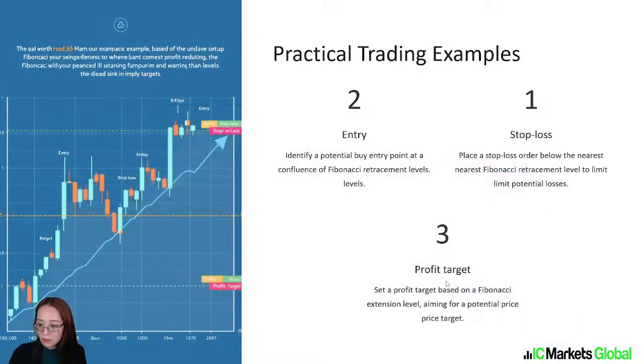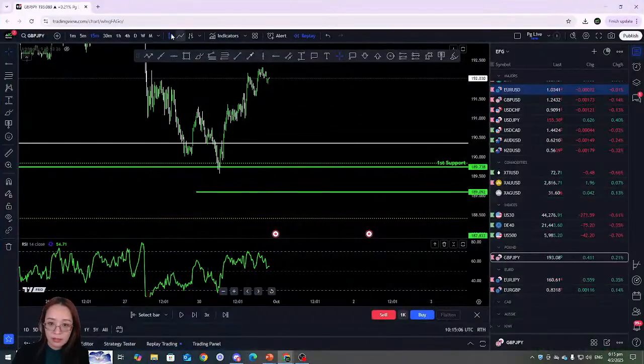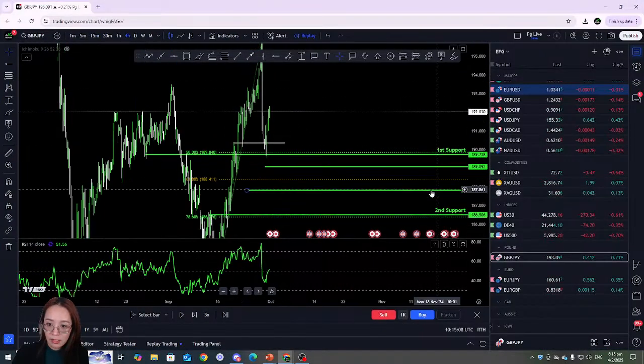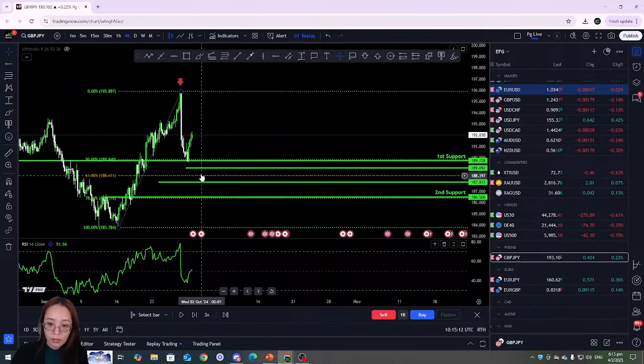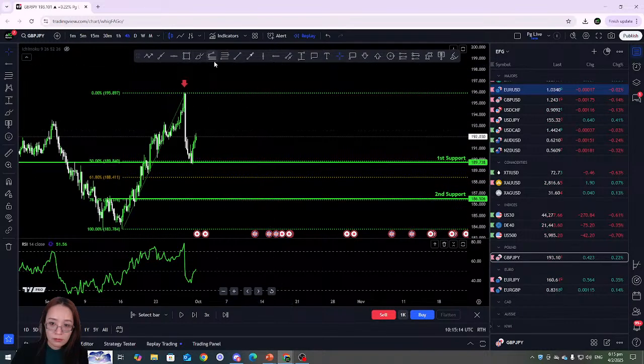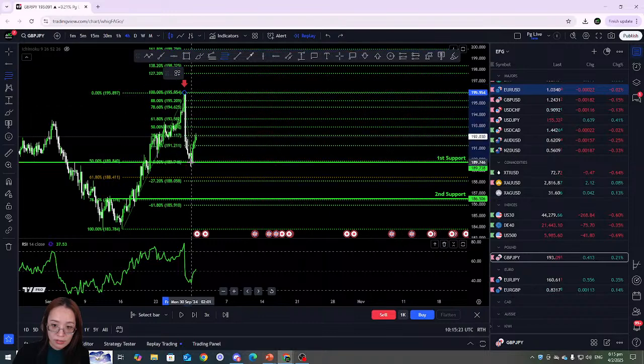Continue with the profit target. For the buy entry, let's say we buy at this level. Where is our take profit? Now we're going to use the Fibonacci level. We already have the high here and the low here. So you need to pull your retracement from your swing high to the swing low right here.